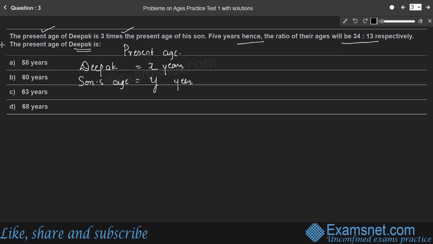It is given that Deepak's age is 3 times his son's present age. Therefore, x is equal to 3y.